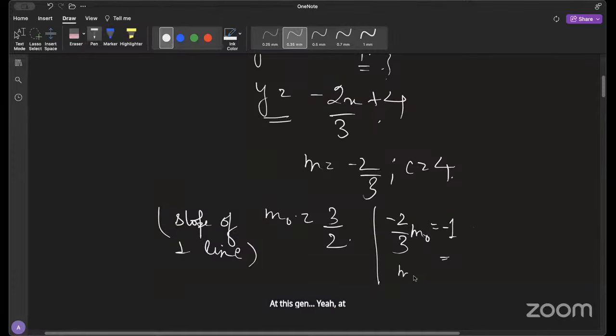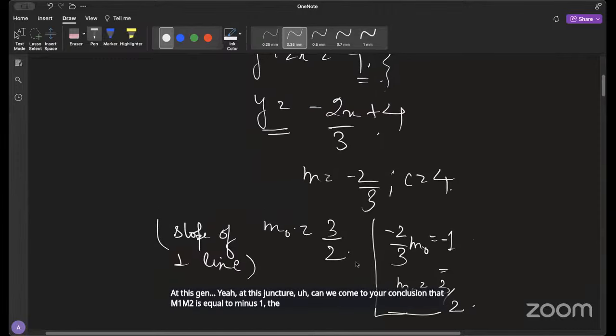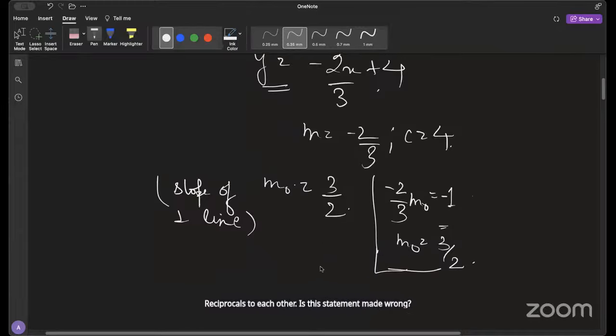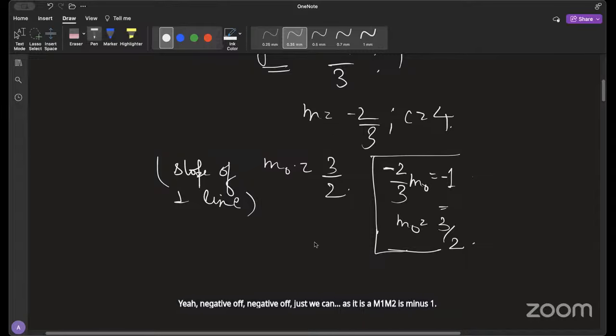At this juncture, can we come to a conclusion that M1 times M2 is equal to -1? The slopes of perpendicular lines are reciprocals of each other. Is this statement wrong? They're not exactly reciprocals. They are the negative of the reciprocal. Yes, M1 times M2 is -1, so it is minus the reciprocal.